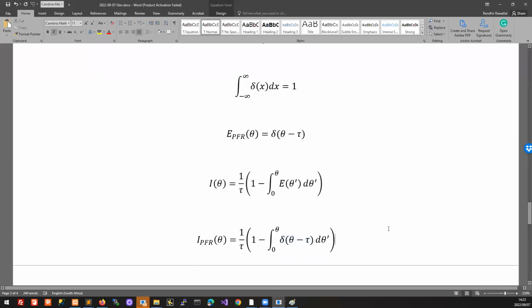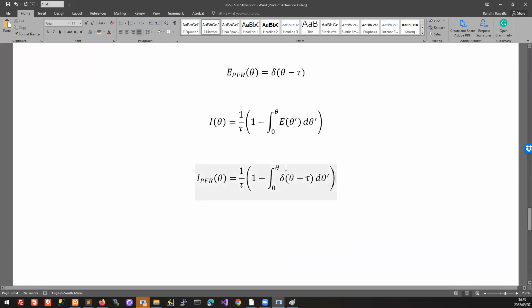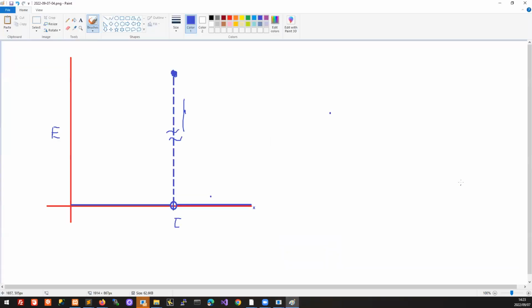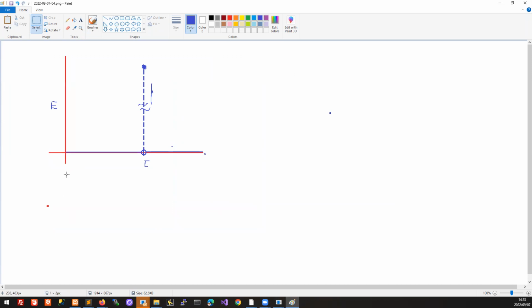Okay, so let's think about what happens if we are integrating different values of theta here. First off, let's do it with a sketch. Maybe a good way to do this is like this. So we want I of theta. Let's think about what happens as we integrate in this way.